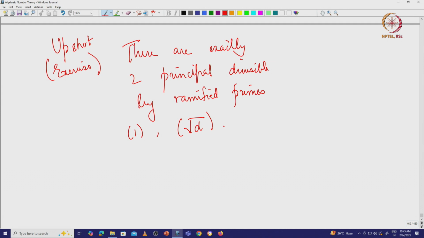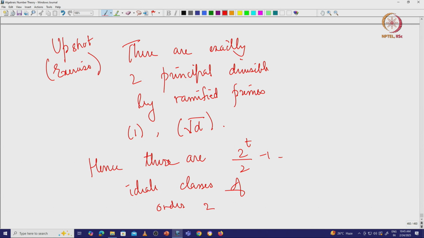And so, out of the 2 to the t ideals, there are these 2 which are principal ideals, and you see for every non principal ideal there is also another ideal whose product gives you square root of d. So, what you get? So, hence there are 2 to the t by 2 minus 1 ideal classes of order 2, and what is this? This is 2 to the t minus 1 minus 1, which is exactly what we wanted, right.